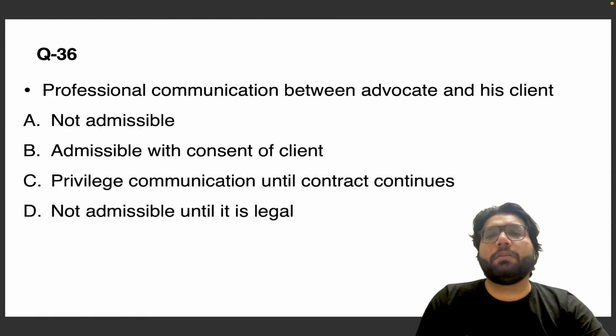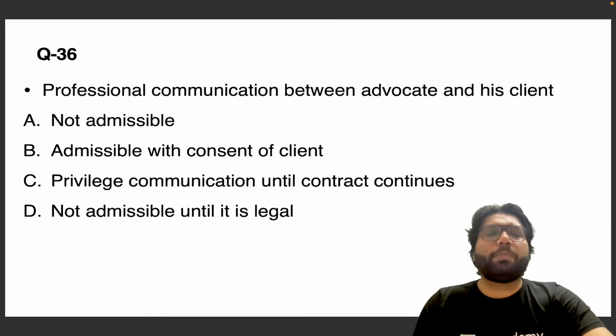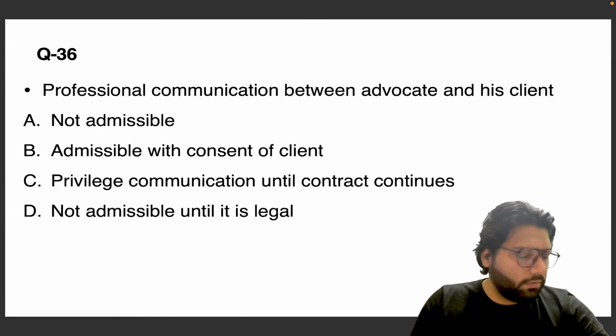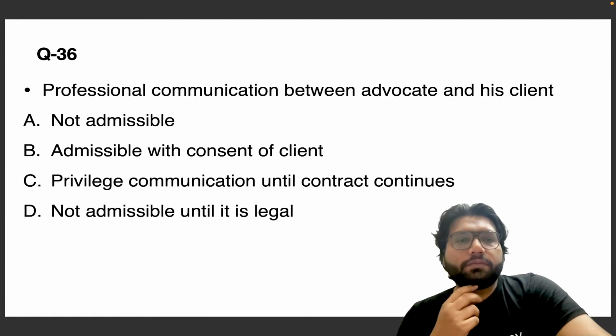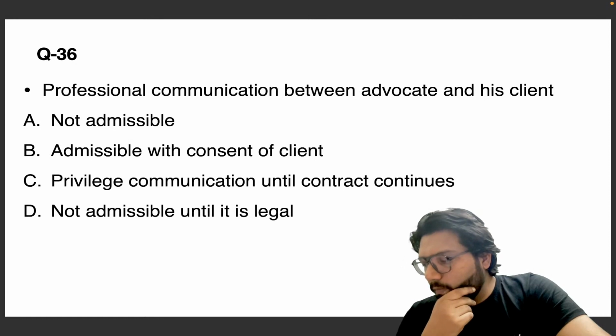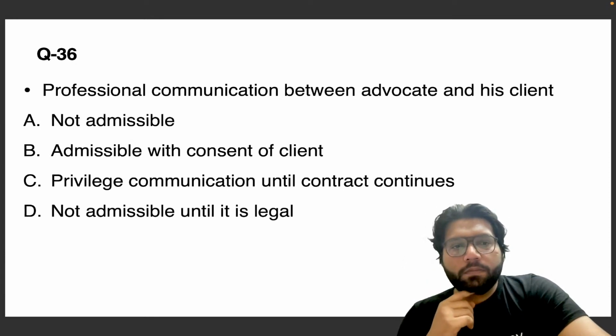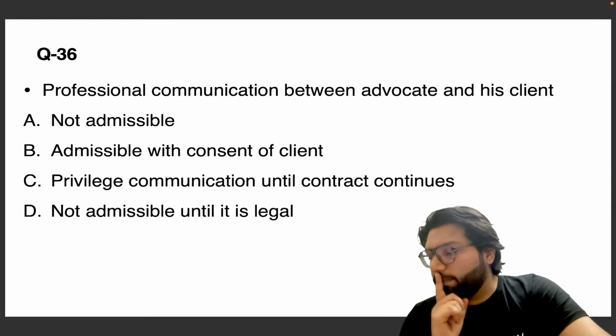Professional communication between advocate and his client. Choose the most appropriate answer. Students, I'm repeating again, choose the most appropriate answer.